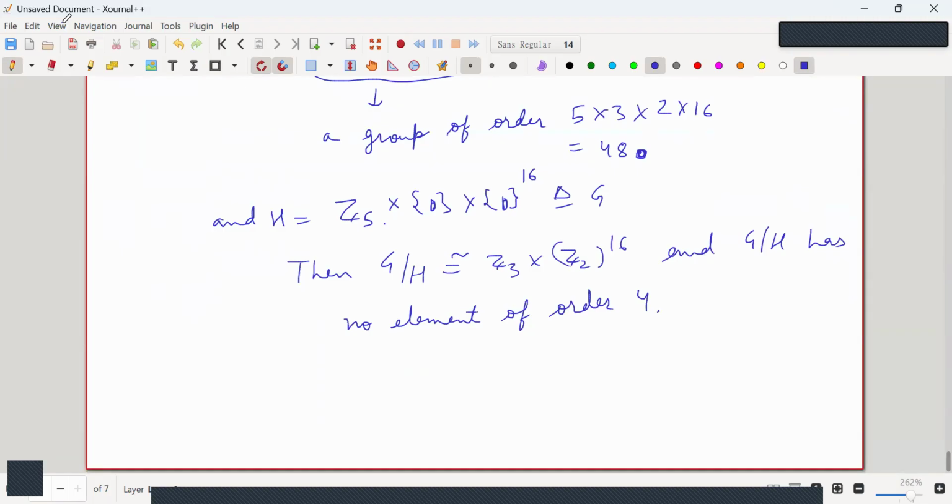Now the task is, I am leaving you with this exercise.